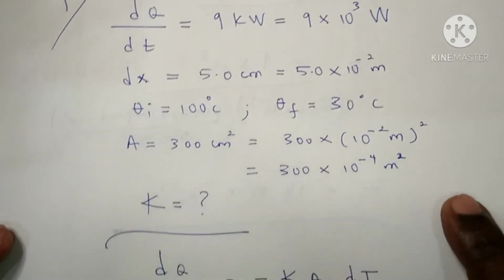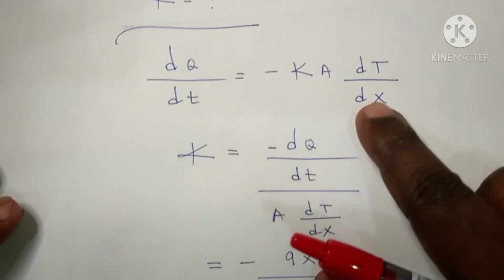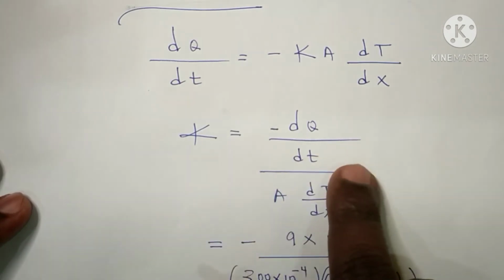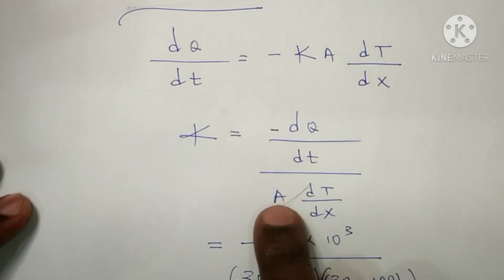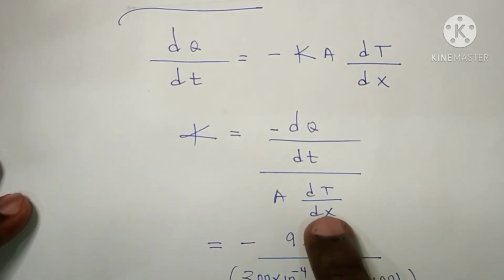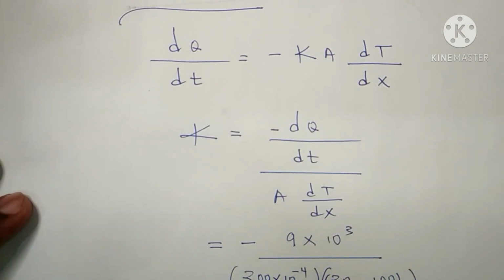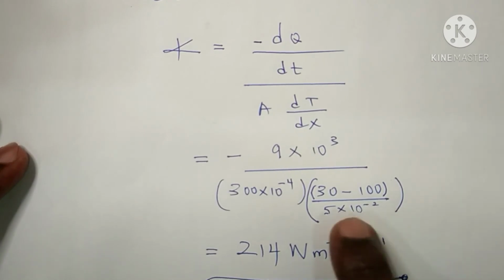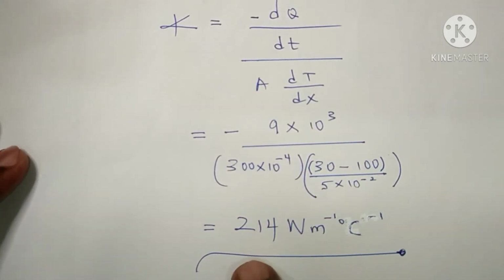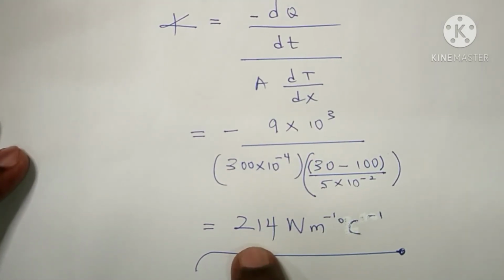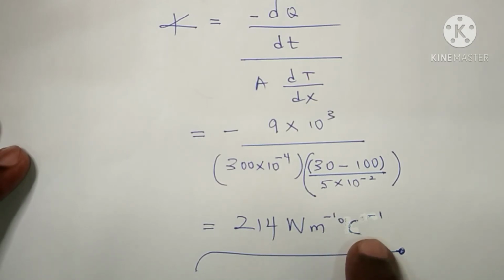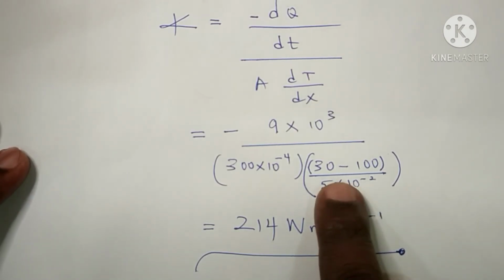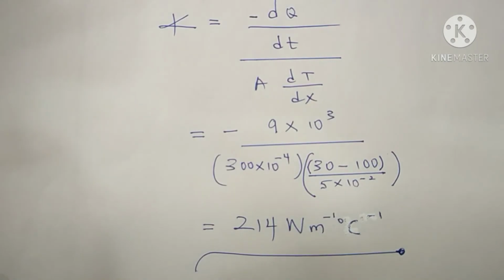So from the rate of heat flow equation, the thermal conductivity is the ratio of rate of heat flow per unit cross-sectional area per unit temperature gradient, and we substitute all the values accordingly in this formula, and you will get 214 watt per meter per degree Celsius, where the temperature is in degree Celsius.